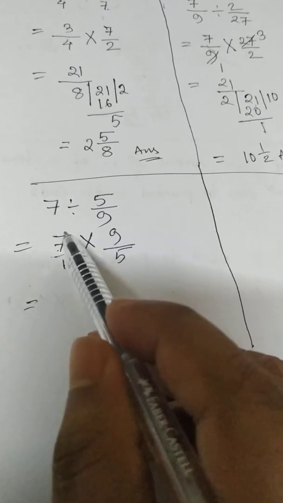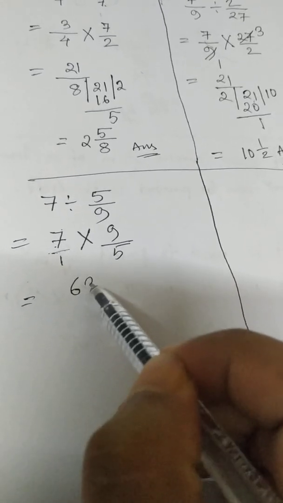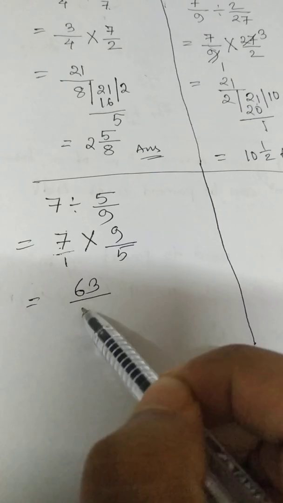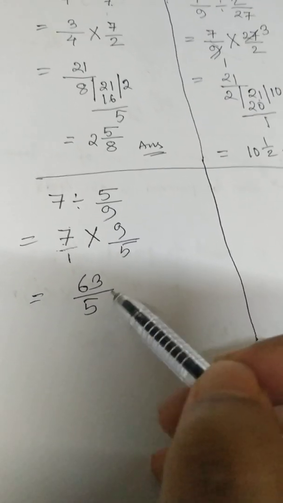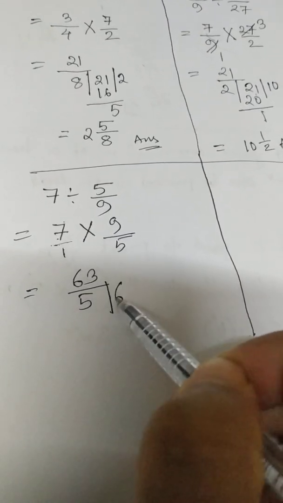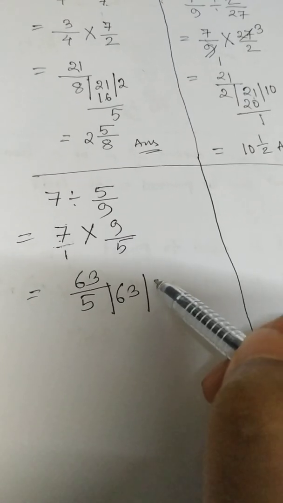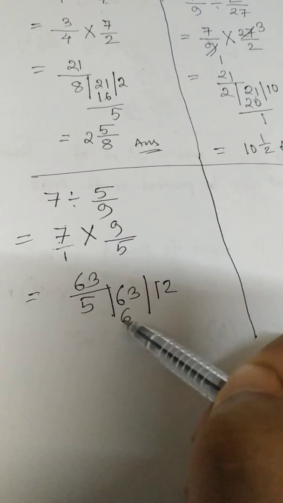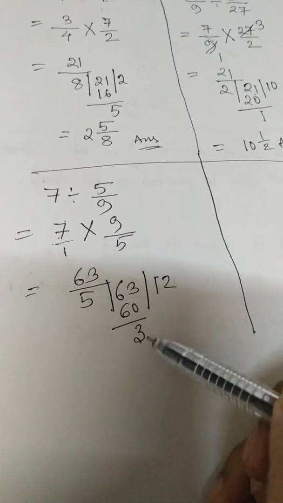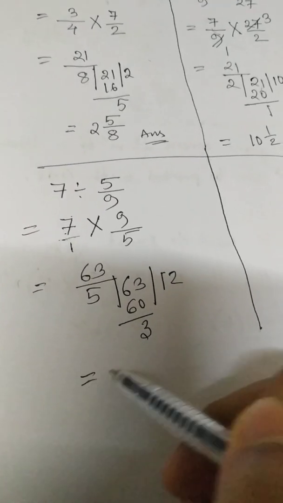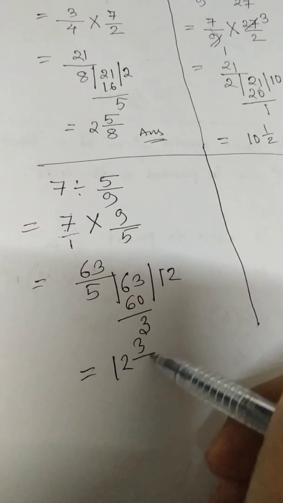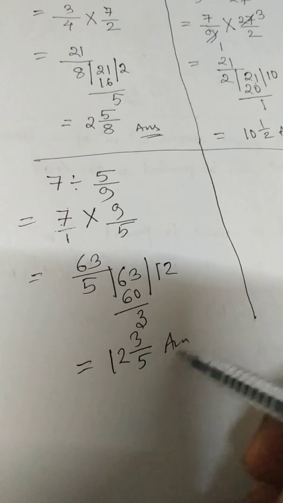So now 7 into 9 is 63, 1 into 5 is 5. Then normal thing, divide. So 5 12s are 60, and 3 comes. Then we can write 12 3 by 5 is the answer.